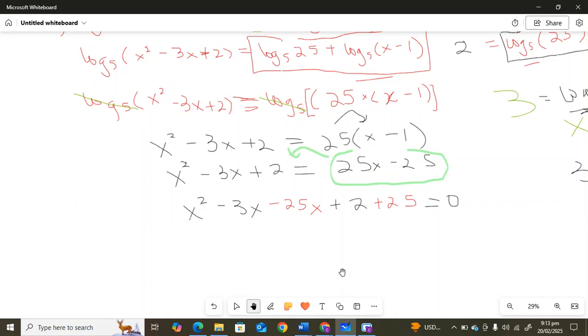So let's simplify this equation, colleagues. What do we get? What does it simplify to? 23.